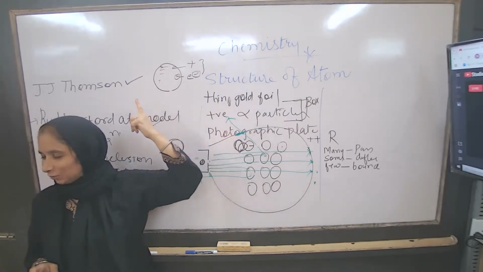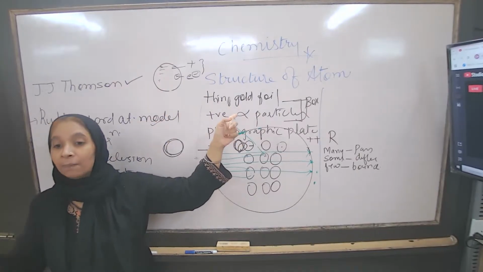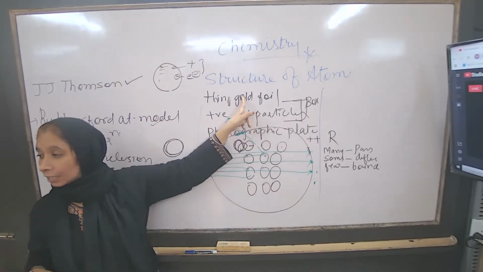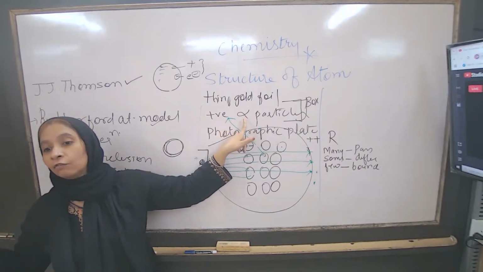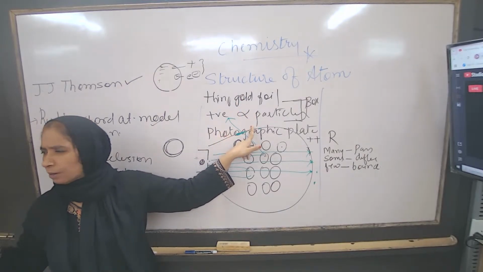So Rutherford has given atomic model by using this material. क्या क्या material था? Thin gold foil, alpha particles and photographic plates. Experiment is very simple.